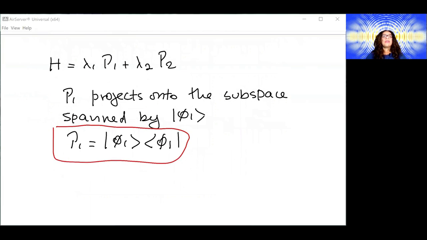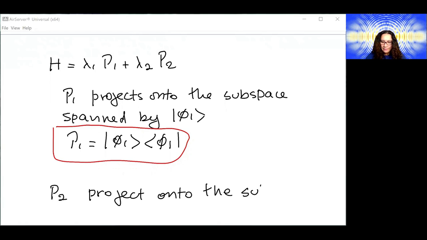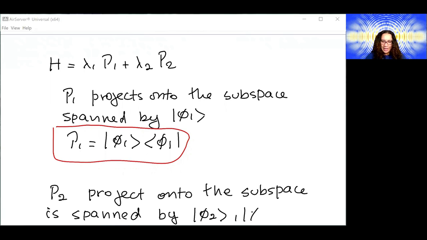And P2, as defined above, is going to project onto the subspace. Now pay attention because it's going to be a bit different. You're going to have a subspace which is spanned by two eigenvectors. So they are spanned by phi 2 and phi 3.